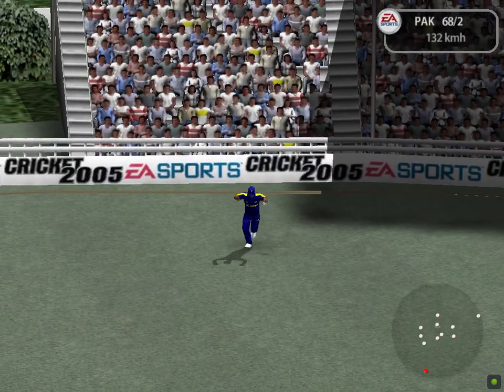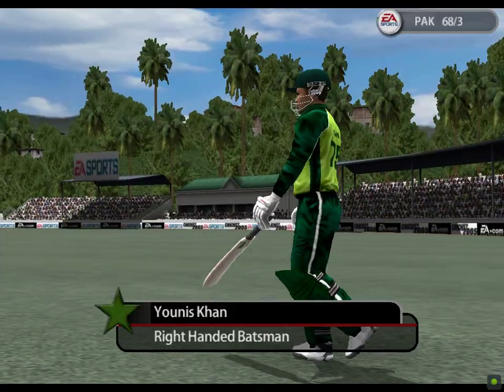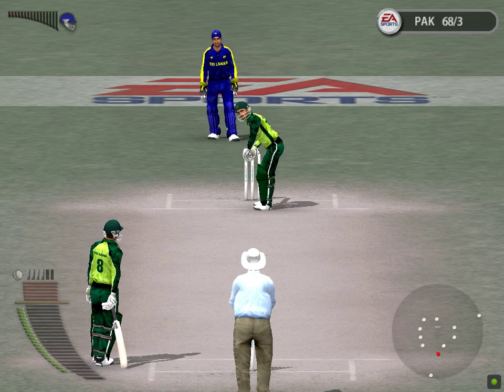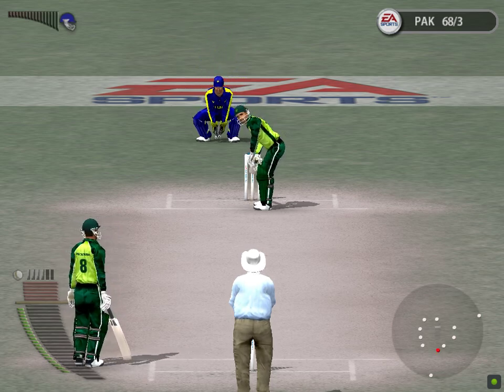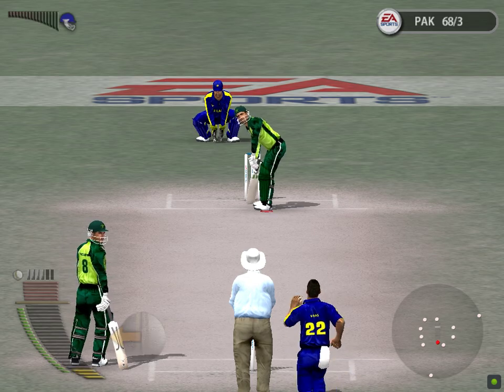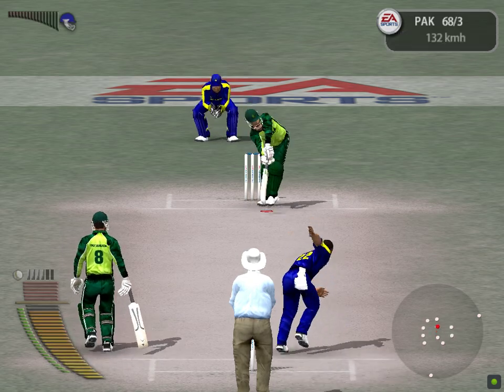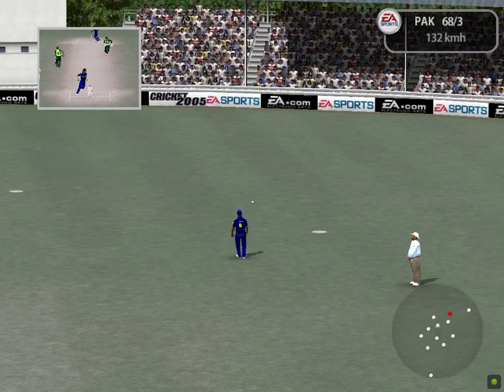And that's out. Caught by Malinga. But this was the end of the... Vas continues. He's worked that into the gap.